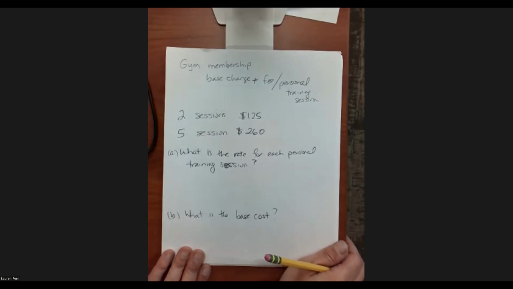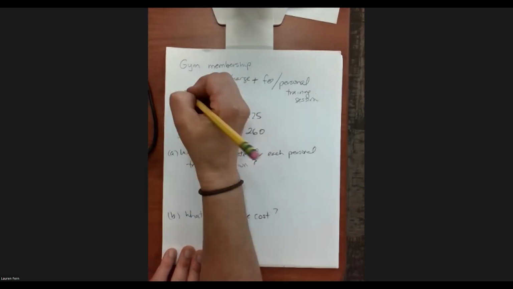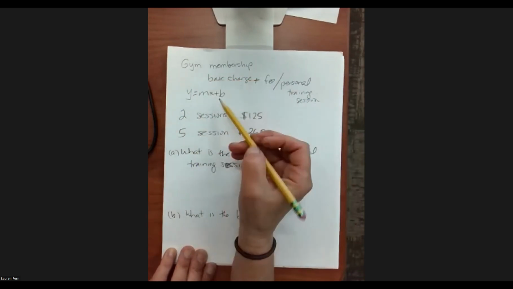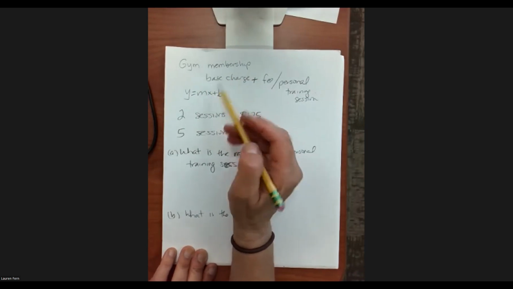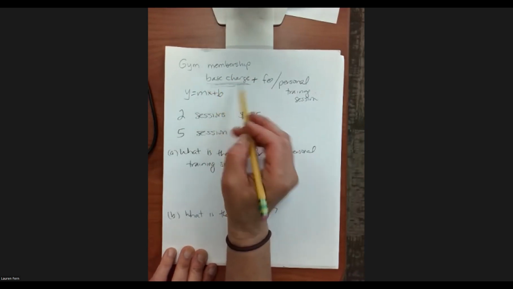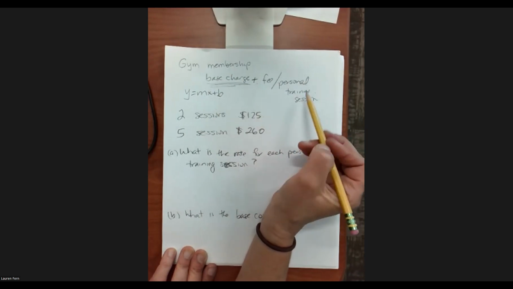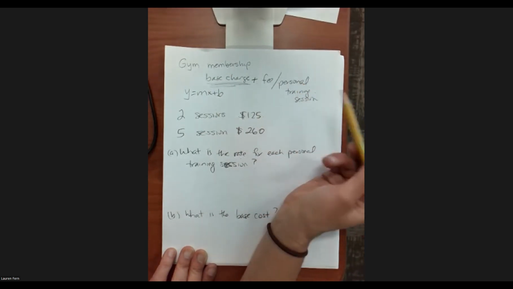So this one looks a bit different because I'm using all words instead of just having m's and b's. If I write the equation of our line as y equals mx plus b, will you grant me that this is going to be linear because we have a base charge plus a fixed cost for each training session?